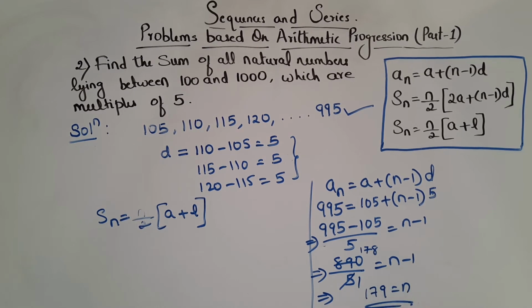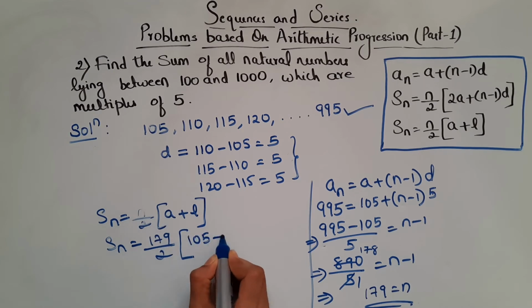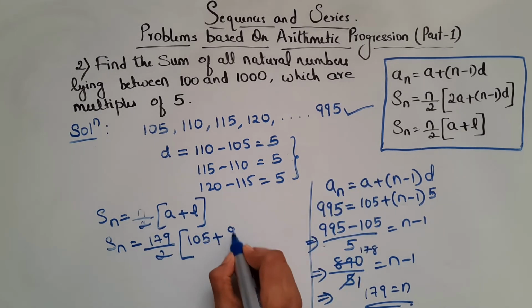Now let's substitute this n in this equation. That will give you Sn is equal to n, which is 179, by 2 into a, which is 105, plus l. L is the last term, that is 995.